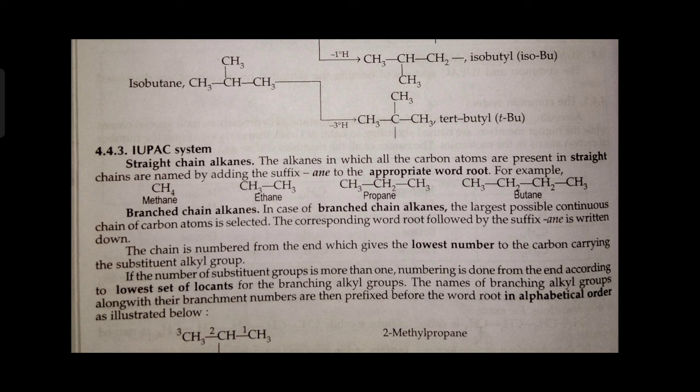Branched chain alkanes. In the case of branched chain alkanes, the largest possible continuous chain of carbon atoms is selected. The corresponding word root followed by the suffix -ane is written down. The chain is numbered from the end which gives the lowest number to the carbon carrying the substituent alkyl groups.